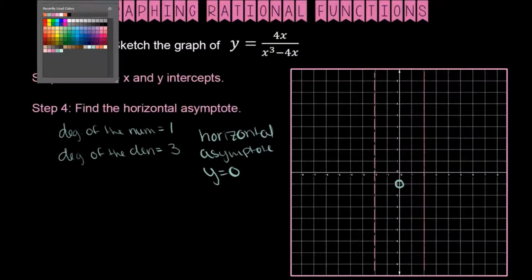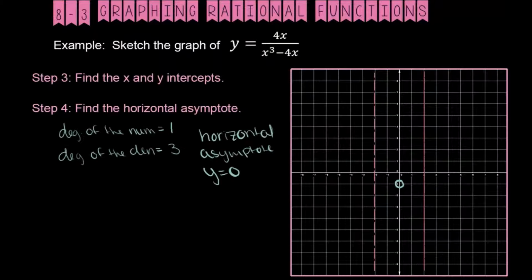And let's make this like 4 point. All right. So horizontal asymptote right here. So that guy is going to be our horizontal asymptote that we are going to avoid.